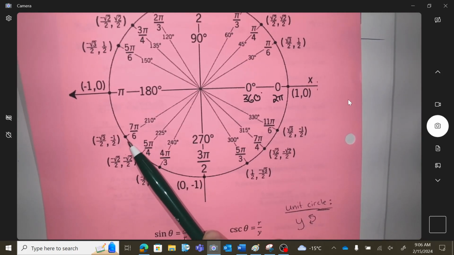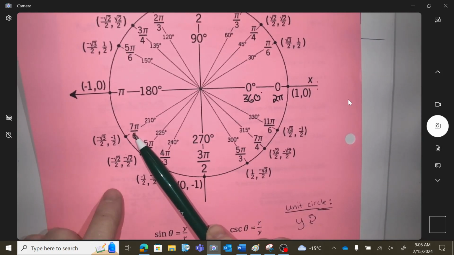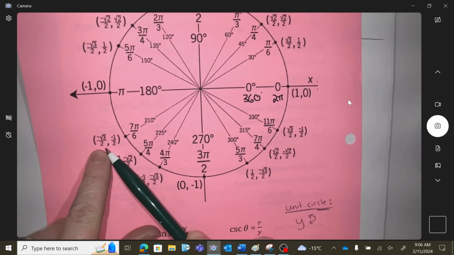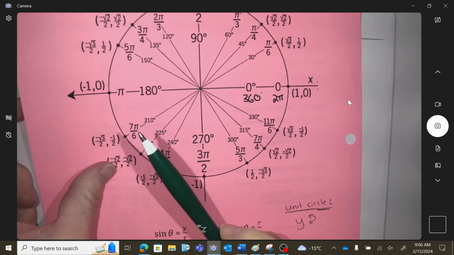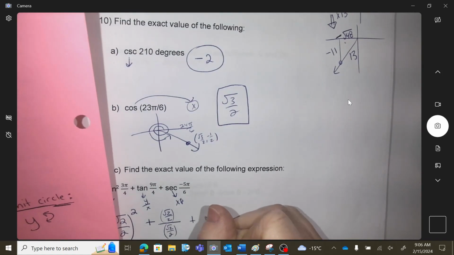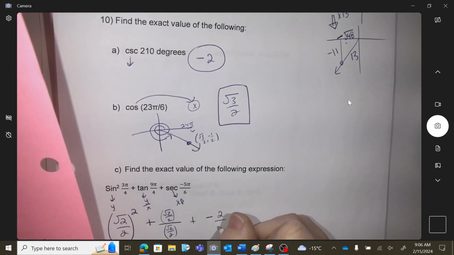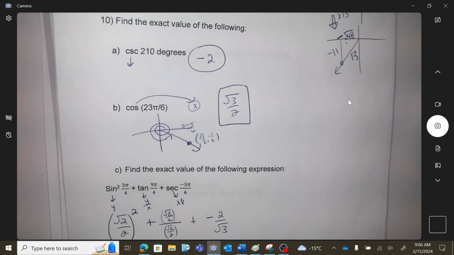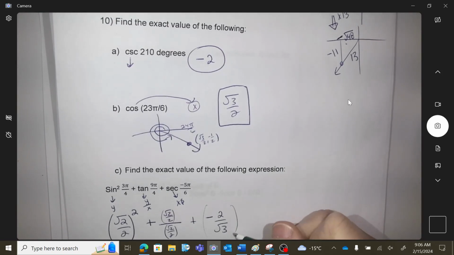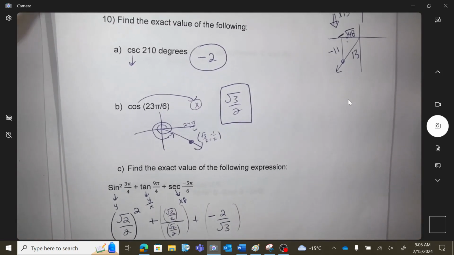Right here. X value, but upside down. So a negative, and we're going to flip it. Okay, so there's the 3 sections.